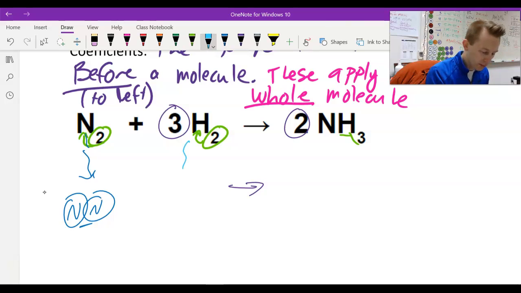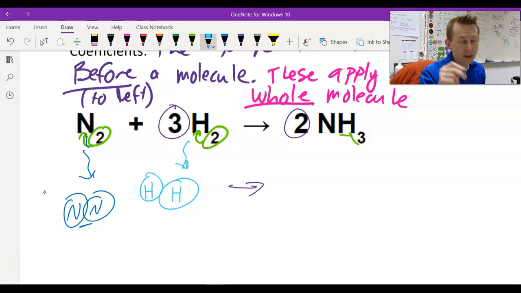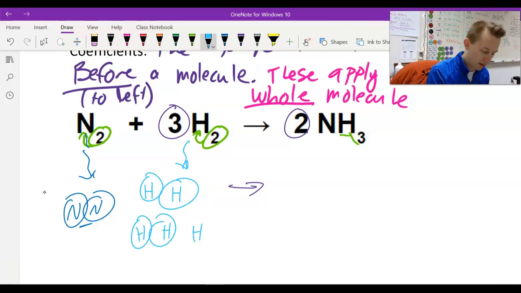Then this one, in one molecule, it's H and H. But that coefficient of 3 tells me I have 3 sets of those. So I would have something that looks like this. Okay? I've got 3 total sets of H2 molecules.